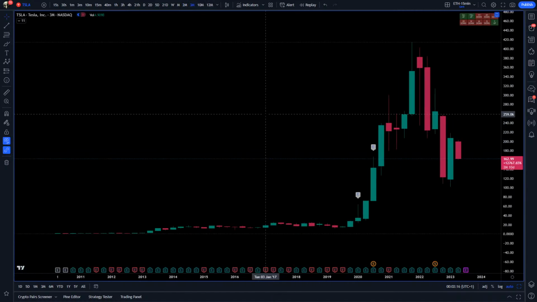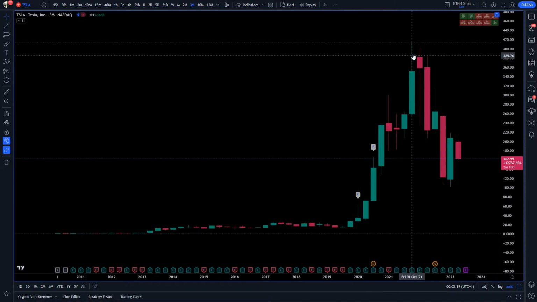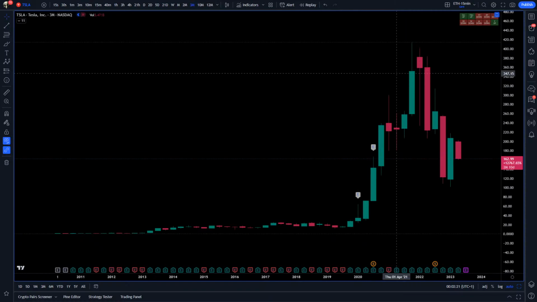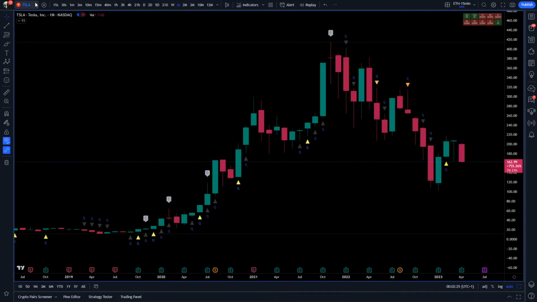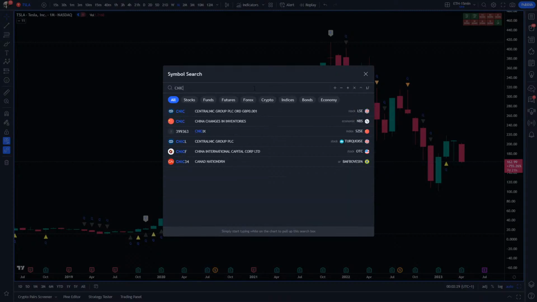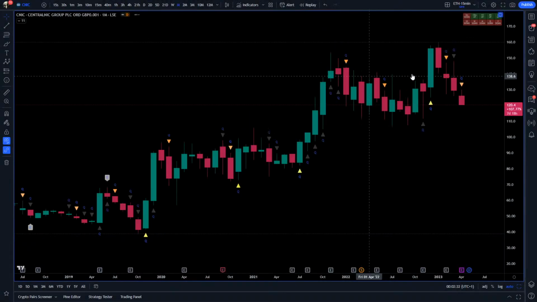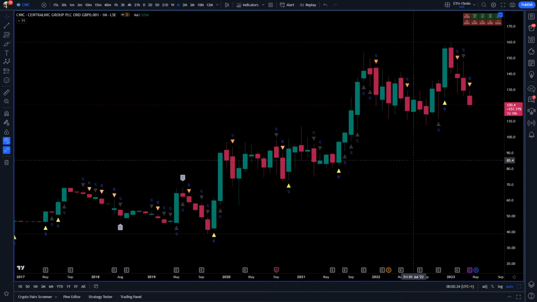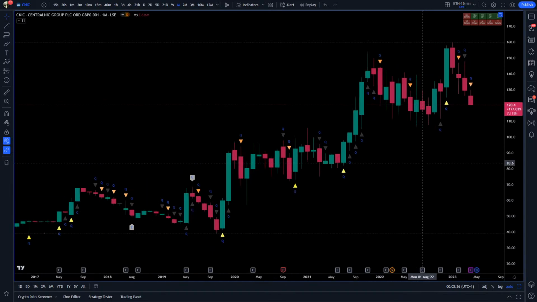Yeah, there is no yearly signal with the indicator. Let's go back to that market example. So it can only show you all the way up to the quarterly.